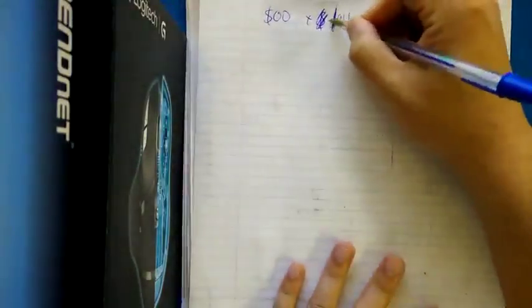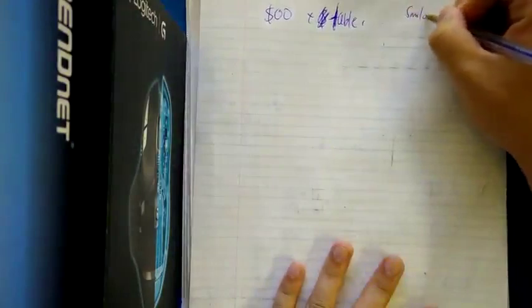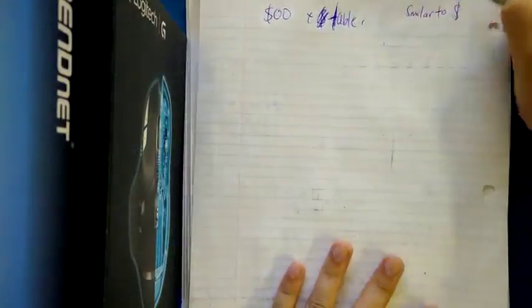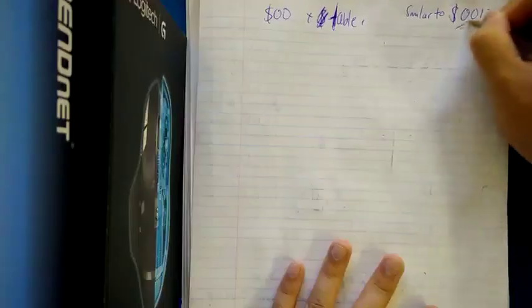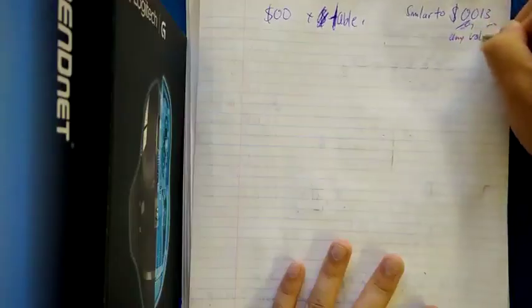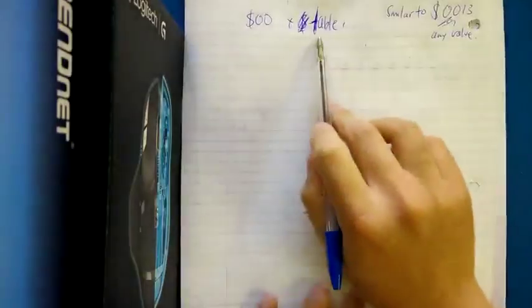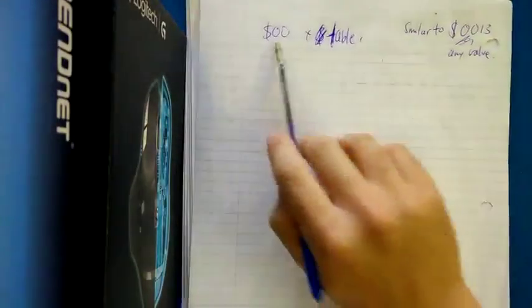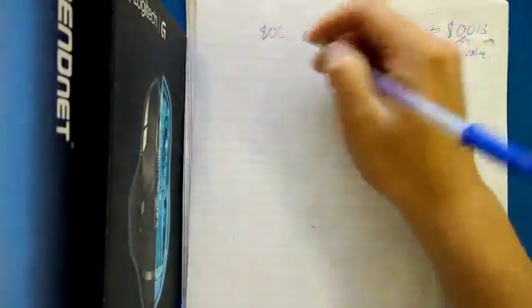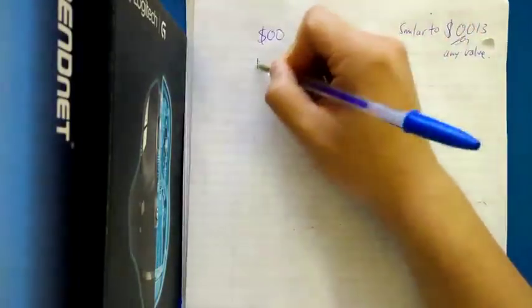So table is a memory address as well, similar to $0013, any kind of value. Table is like $ whatever. So 00 plus table, what does that give us? Just table, inside the memory.